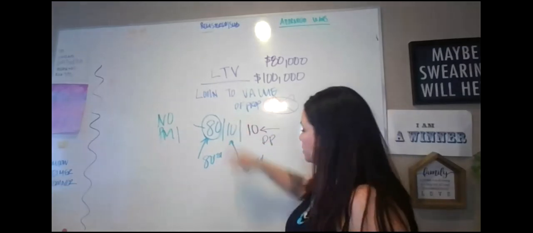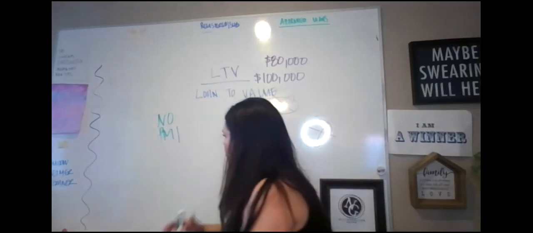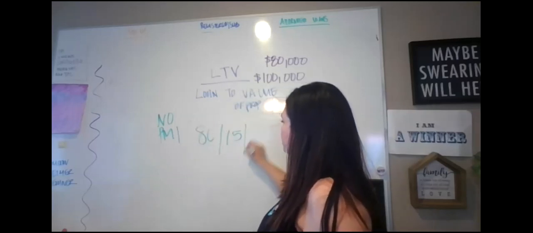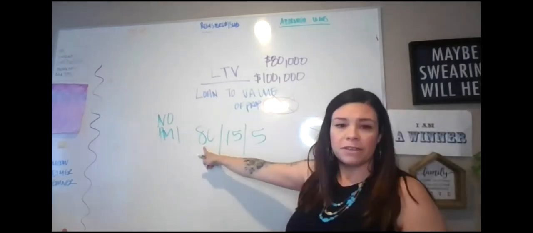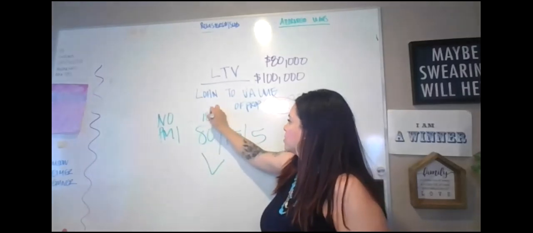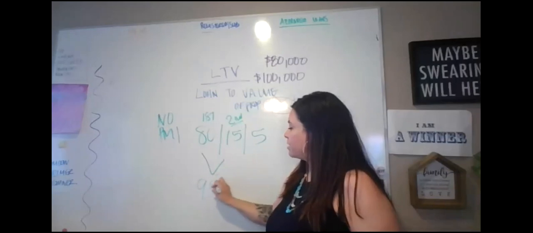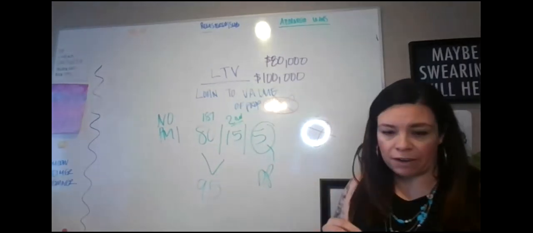So you might see an 80, 15, 5. Okay, 80 LTV on the first, 15 LTV on the second, for a total of 95 loan to value, and the borrower's down payment contribution is 5%.